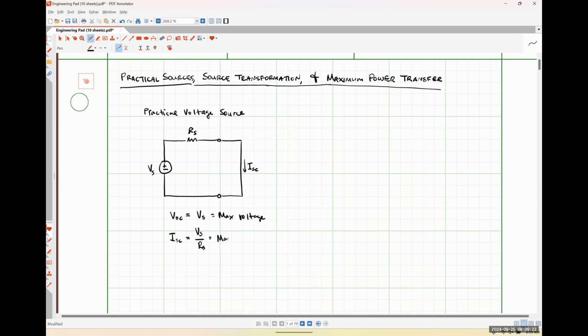And this is the maximum current that can ever be supplied to some load connected to a practical voltage source. Towards the end of the lecture, we're going to figure out what the maximum power will be. And just as a quick heads up, it is very much not the product of those two things. Okay.